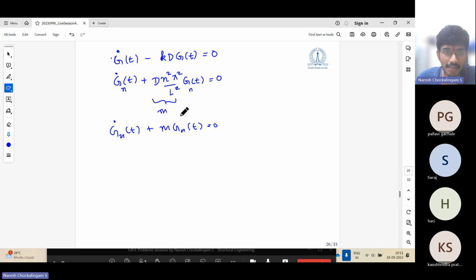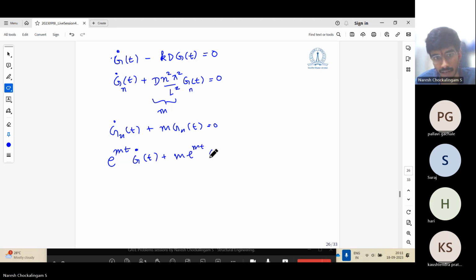What is the general solution to this? This is a linear first order ordinary differential equation. You know this, you can multiply by an integrating factor, which is e power mt on both sides: e power mt g dot of t plus m e power mt g_n of t is equal to 0. This is nothing but the derivative of e power mt g of t.